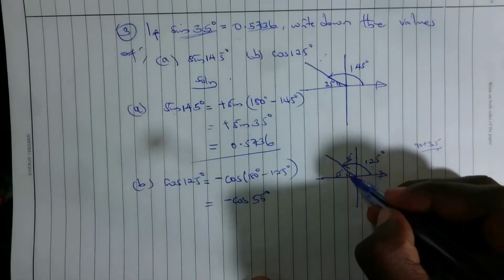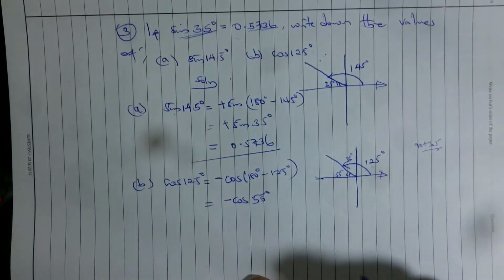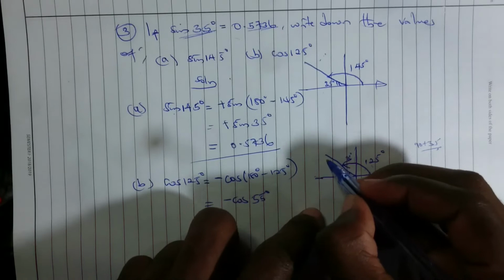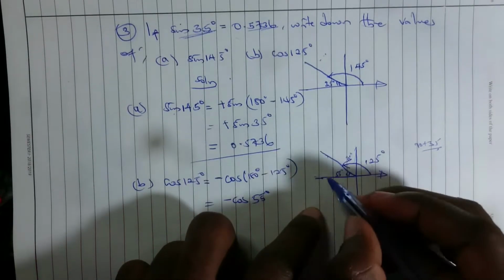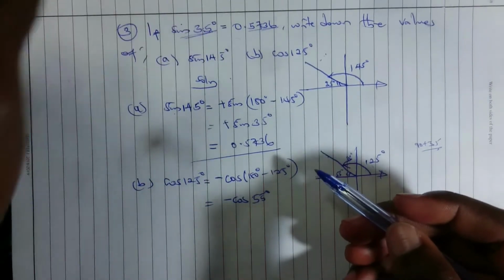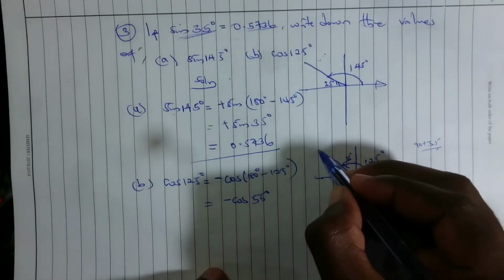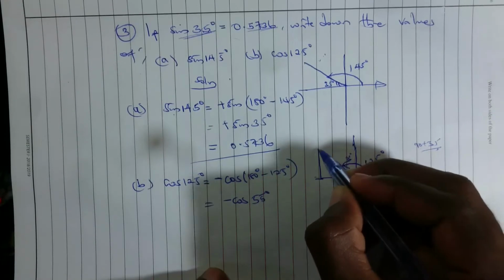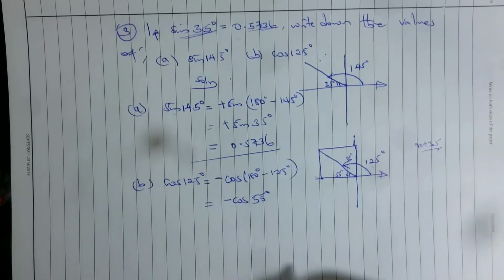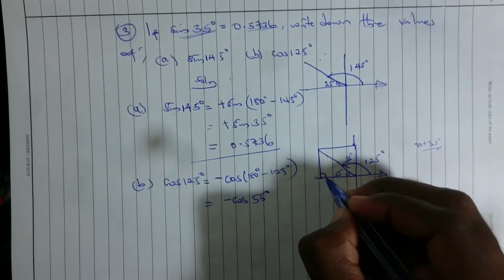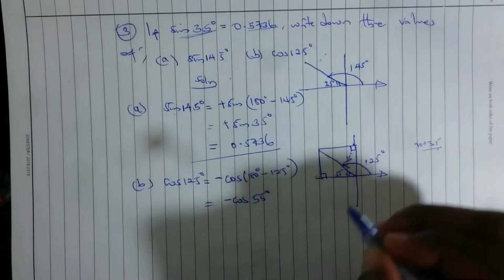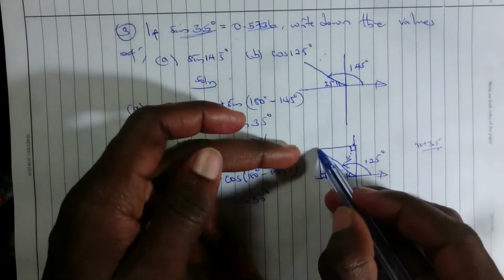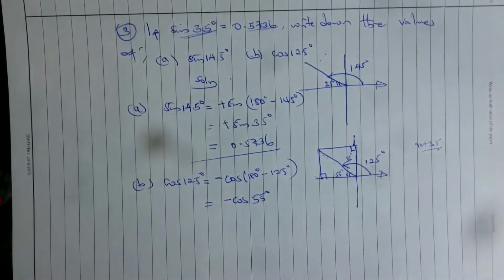So we have 35 here, but now how do we get sine of that 35? Because we need sine of 35, which the value is already given. So we can just complete that. Let's give this side, that's 90, and there is also 90. We have just joined that line now to make a right angle triangle.